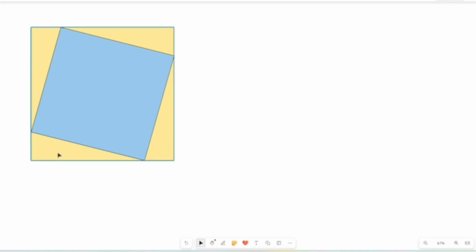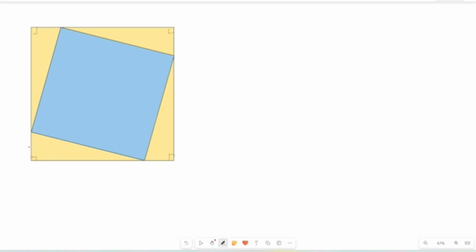Those are the yellow triangles that we see. And each of those is a right angled triangle, since we have the corners of the square here. These are all right angles. And they're all the same size, these yellow triangles.